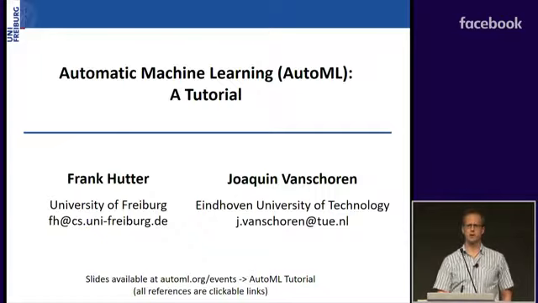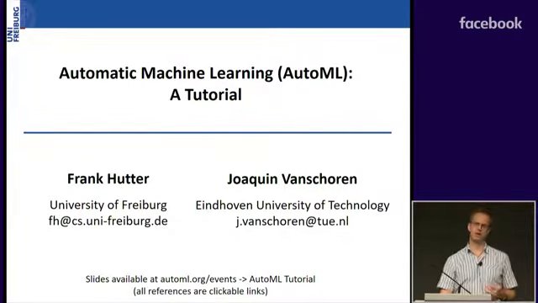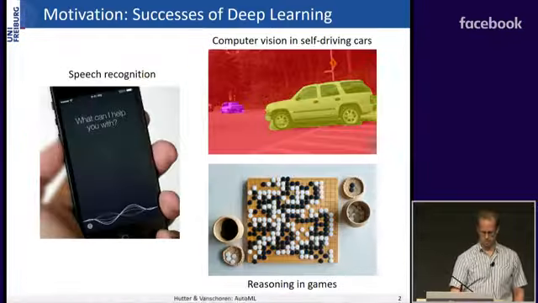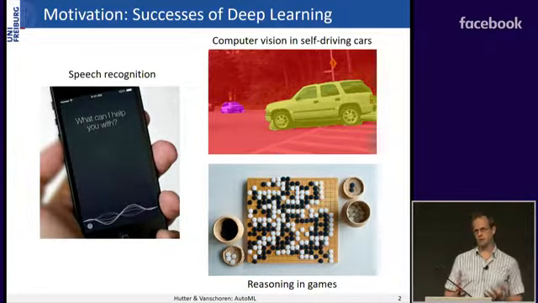This tutorial is on AutoML, which is the quest for using machine learning and optimization in order to make machine learning better, more robust, and easier to use for people without expert knowledge in machine learning. To briefly give some motivation, we live in very exciting times for deep learning.